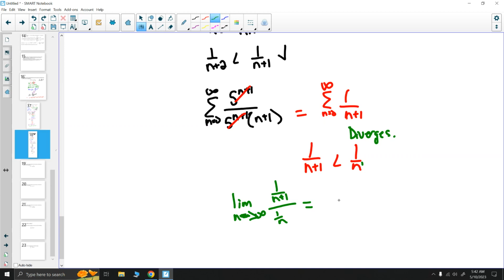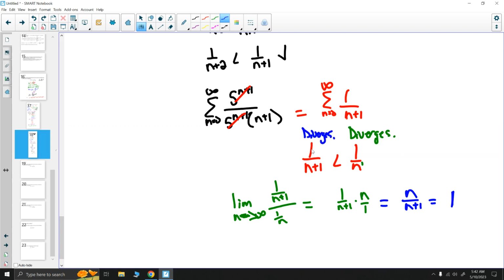So if we take this to infinity, we get 1 over n plus 1 times n over 1, which is going to be n over n plus 1, which at infinity is just going to be 1. And so then if this is 1, this diverges, so this also diverges.